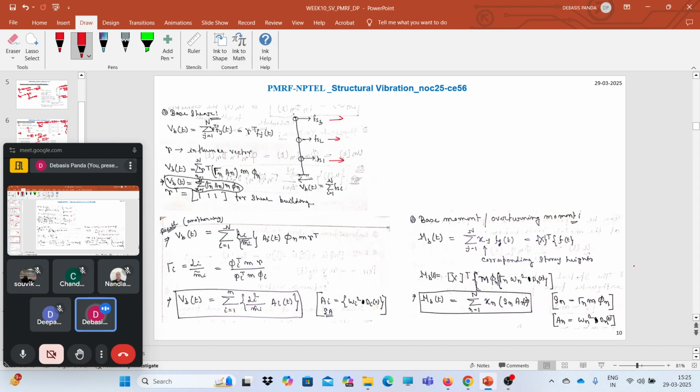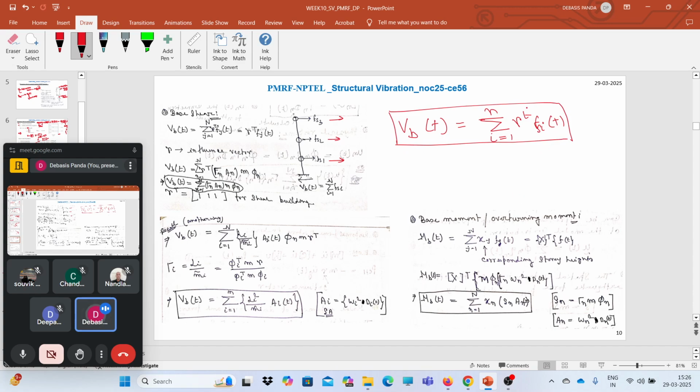Now once we have this equivalent static force, we can use it to calculate the base shear. So Vb(t), the total base shear, will be the summation from i equals 1 to n of r(t), the influence vector r or j, whatever you can write, and then fi(t) or fsi(t). That will be the total base shear for this structure, right?